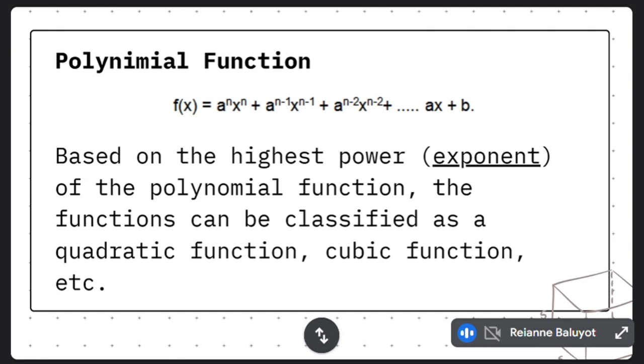Okay, so for example, if our highest degree is raised to 4, then that is an example of a polynomial function. Okay, so those are the types of polynomial functions. We have linear, quadratic, cubic, and polynomial function.